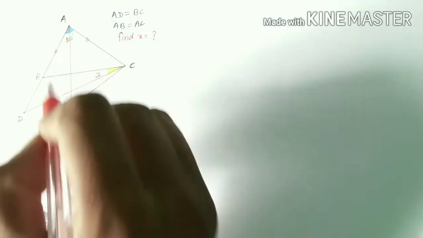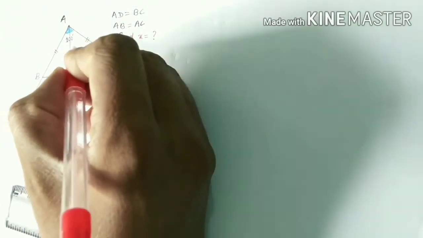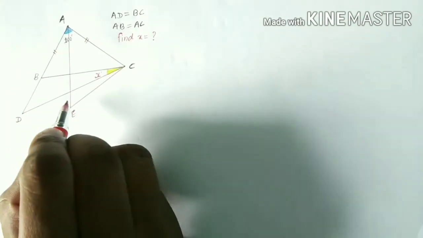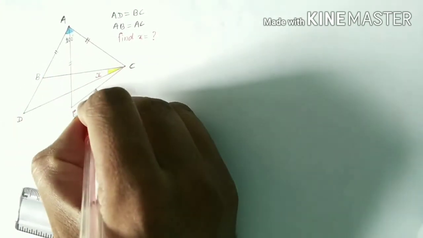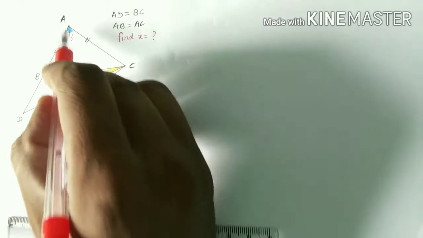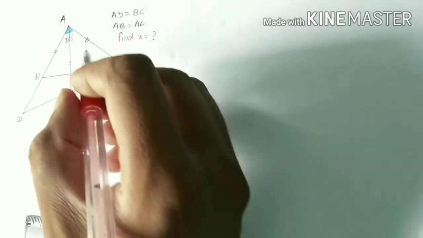Triangle AEC is an equilateral triangle, so all its sides will be equal. This side is equal to this side is equal to this side, because this is an equilateral triangle.